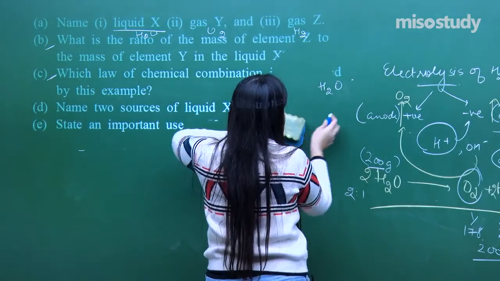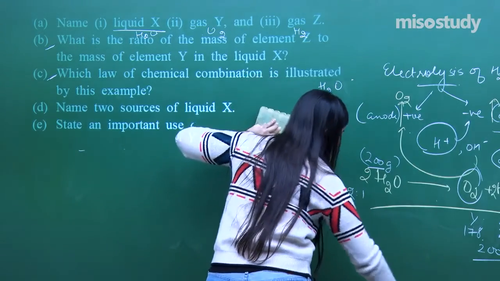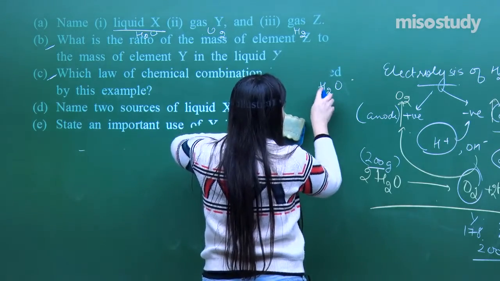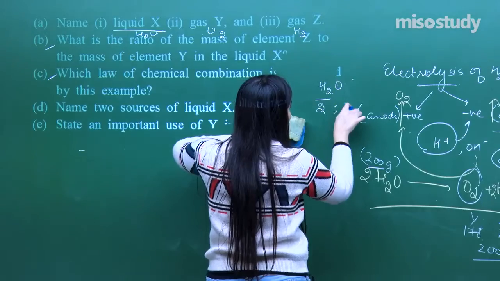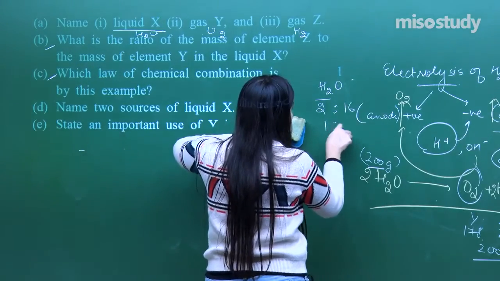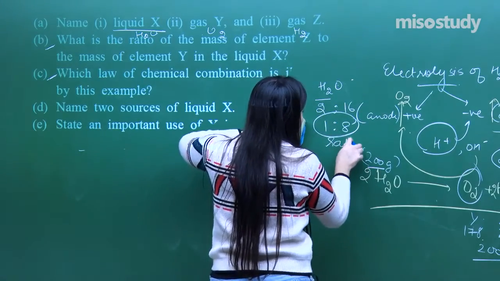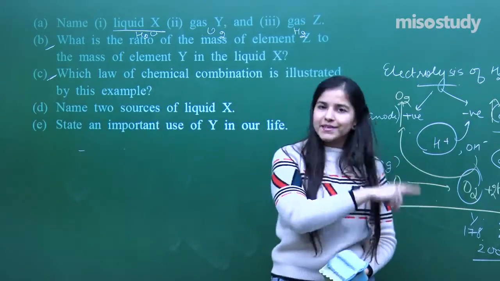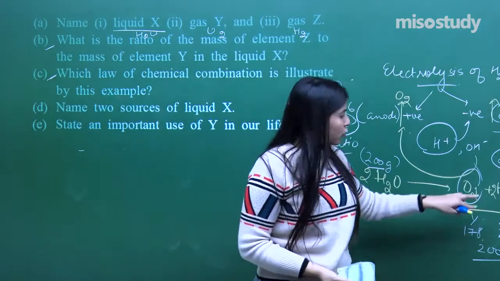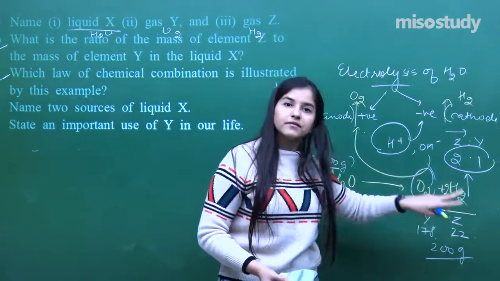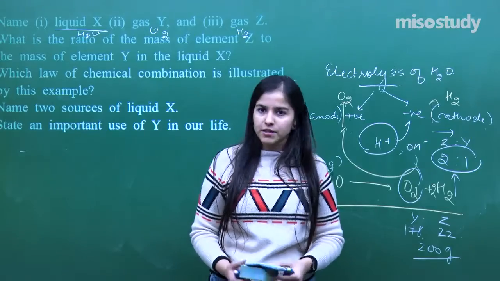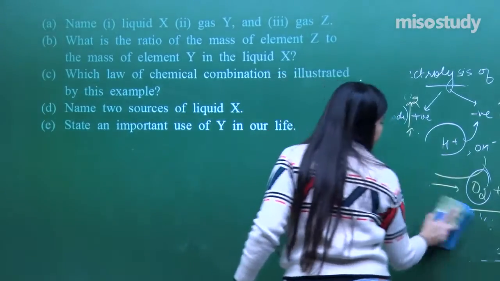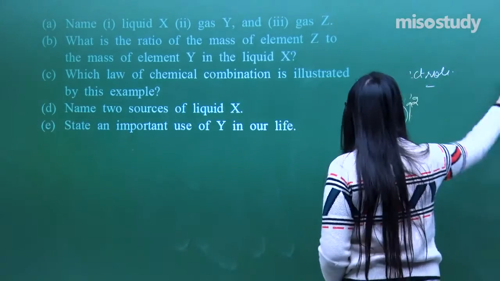That is not going to be 1 is to 2. 2 will be the total mass for the hydrogen and for oxygen it's 16. So 1 is to 8 is the ratio basically. If they talk about the number of elements, then it's going to be 2 is to 1. If they talk about the stoichiometry, then it's also going to be 2 is to 1. Got it? Pretty good question. You had to be very careful here.